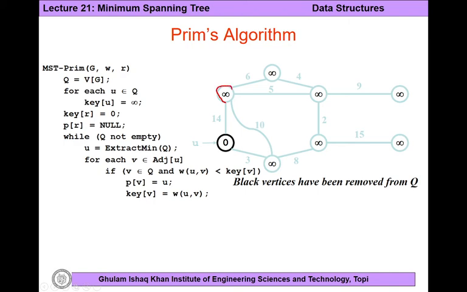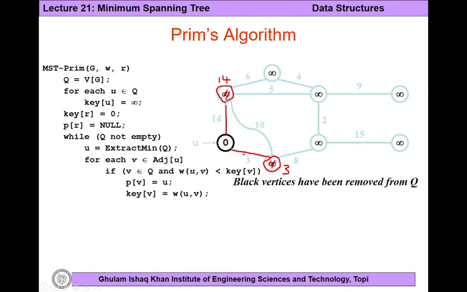One of its neighbors is this node, and the other neighbor is this node, right? It can pick the neighbors in any order, so let us consider this neighbor first. Now it will see that the weight between these two is 14, which is less than infinity. So it will remove infinity from here and place 14 here, and then it will see that the weight between these two nodes is 3, which is less than infinity, so it will replace this infinity with 3.